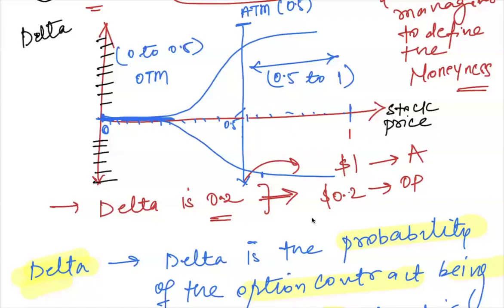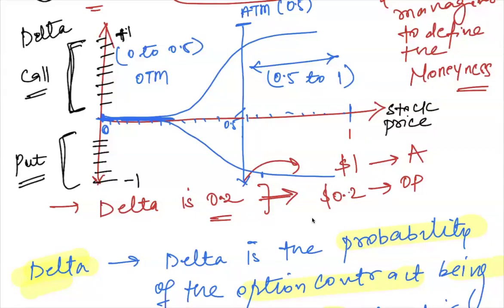So here delta will be 0 to -1, and here delta is 0 to +1. In this range, this is for the call option, and this range is nothing but for the put option.